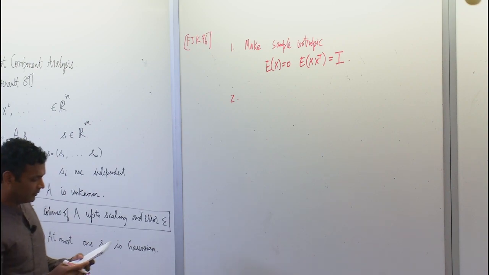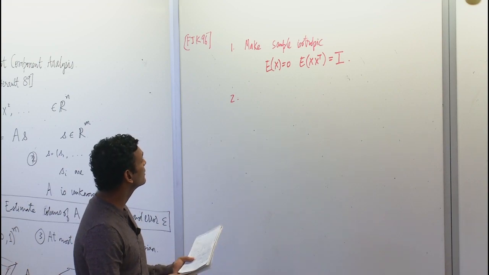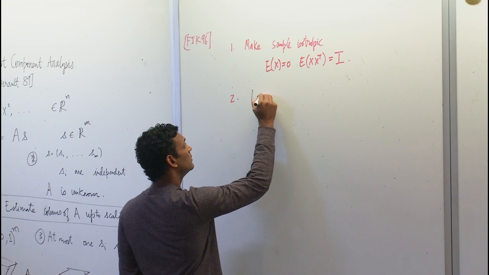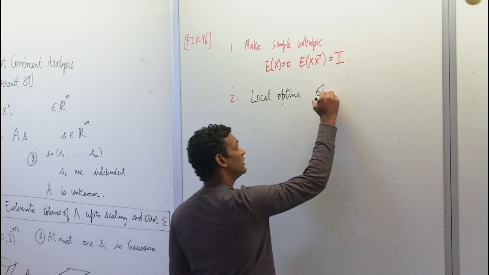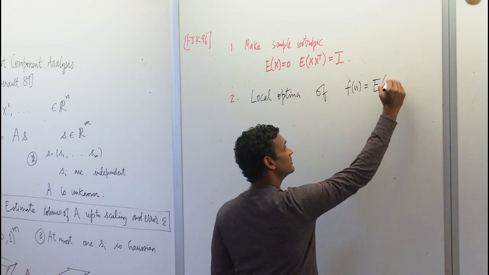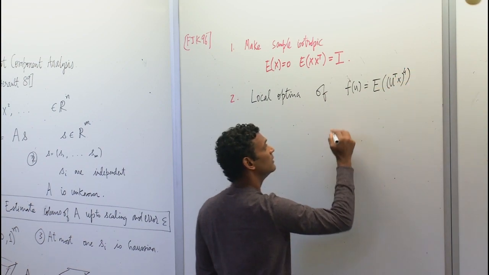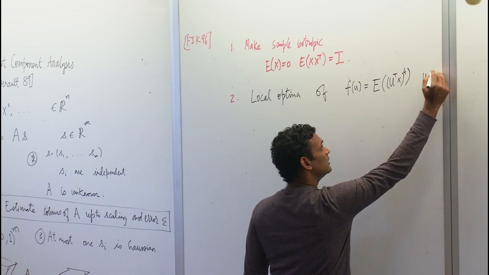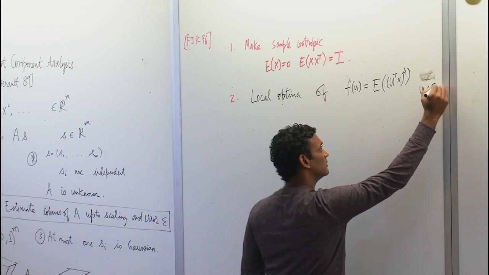Then they said, let's compute the local optima of the function f of u equals the expectation of (u transpose x) to the power of 4, where u is in the same dimension as x. So u is a unit vector, u is in the sphere.